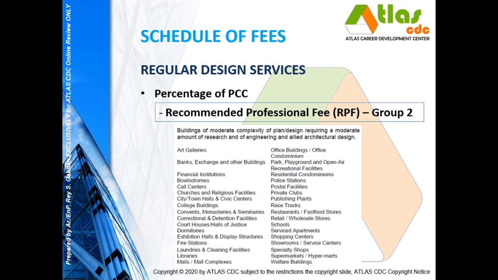Or better yet, buildings that are not part of Group 1 or Group 3. Kasi yung Group 1 kanina, madaling ma-identify. Group 3 mamaya also, makikita nyo, madali rin ma-identify. So if that building is not under Group 1 and Group 3, therefore it is in Group 2.